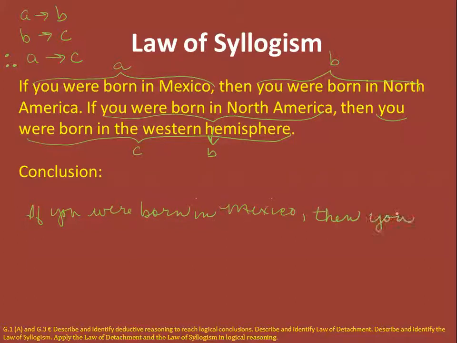Then you were born in the Western Hemisphere. All right, so that's our conclusion. All we had to do was take those statements that we identified and put them together. So if A implies B and B implies C, therefore A also implies C.